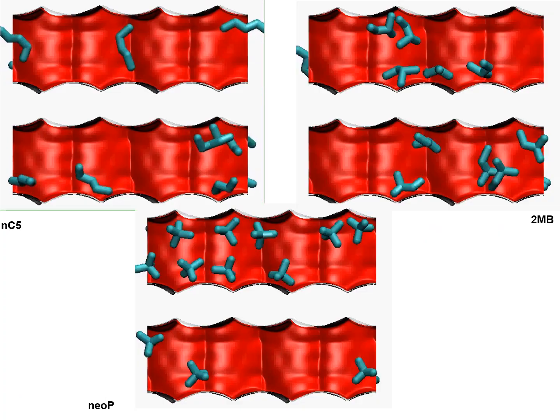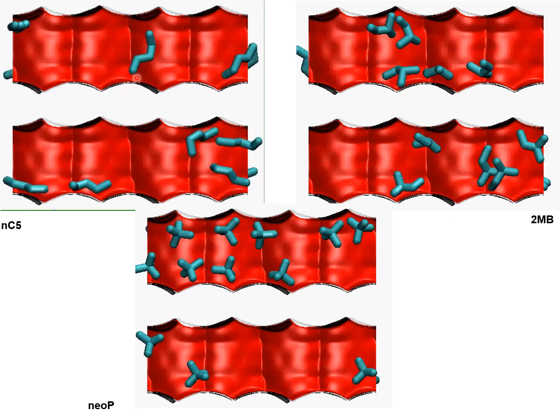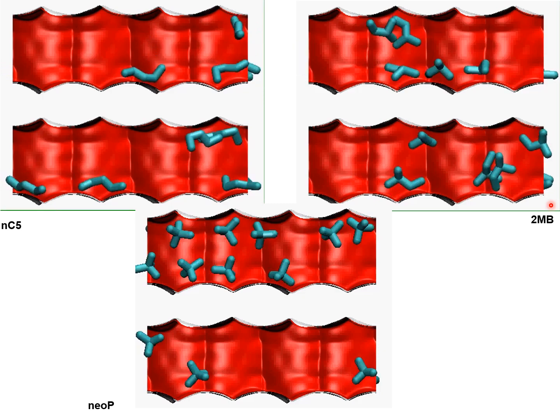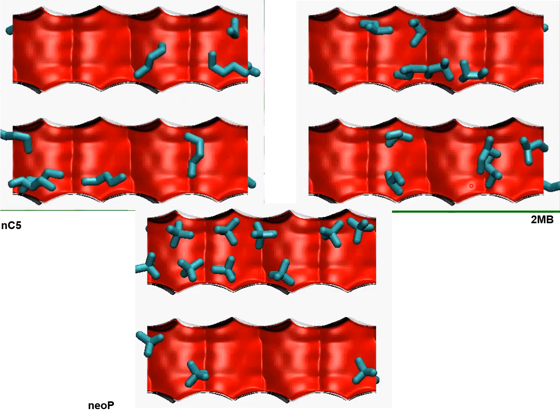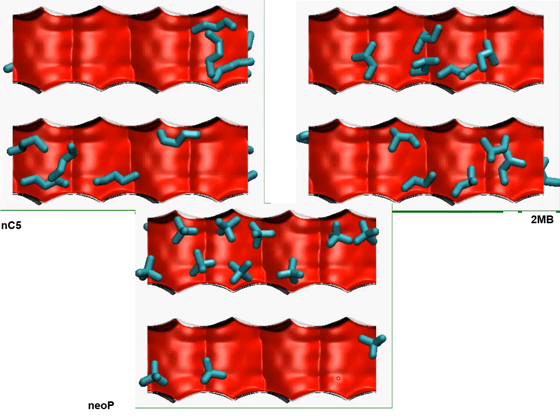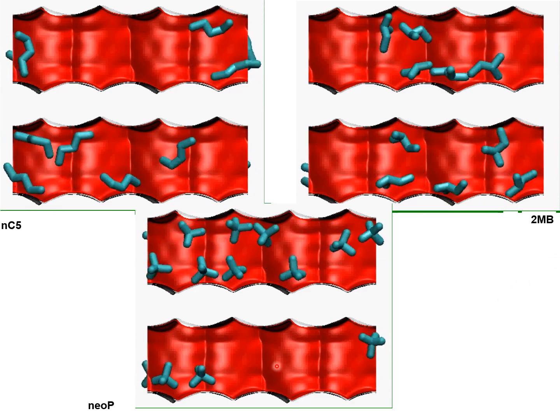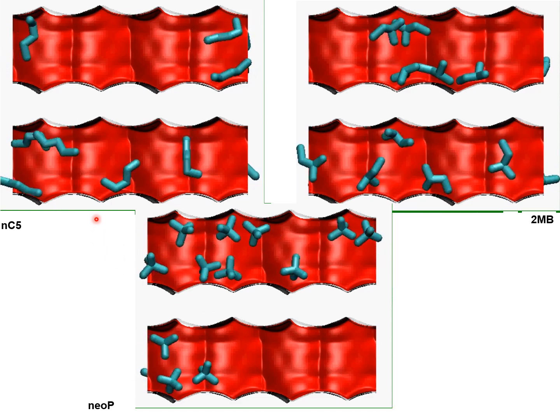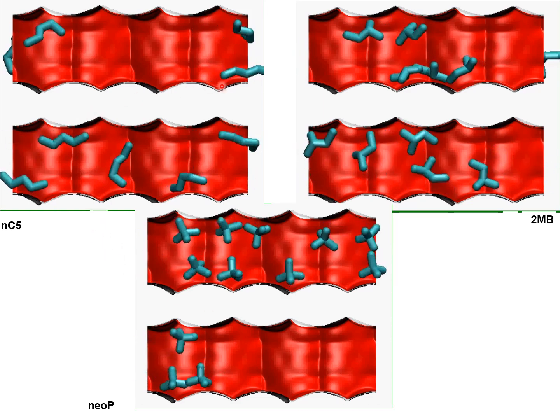Let us try to obtain a feel for the motion of pentane isomers, normal pentane, 2-methylpentane, and neopentane within the channels of cobalt BDP.